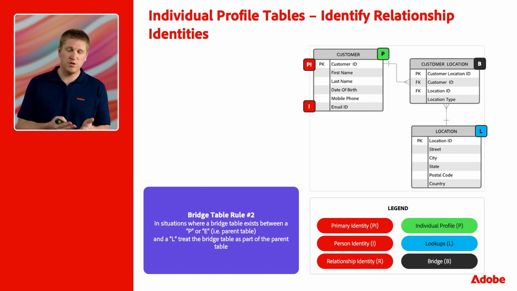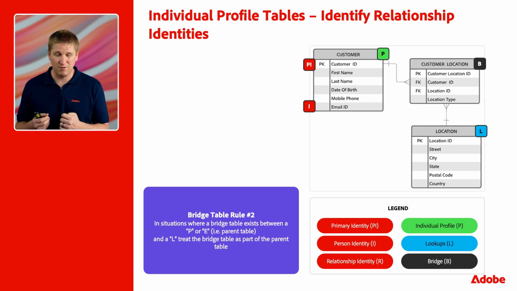Therefore, I wouldn't use mobile phone for fear of relating two profiles together that should not be related. And I instead would use the email ID, as I know that it can uniquely be used to identify who this profile is in context of the customer ID. And therefore, I'd label it with an I.